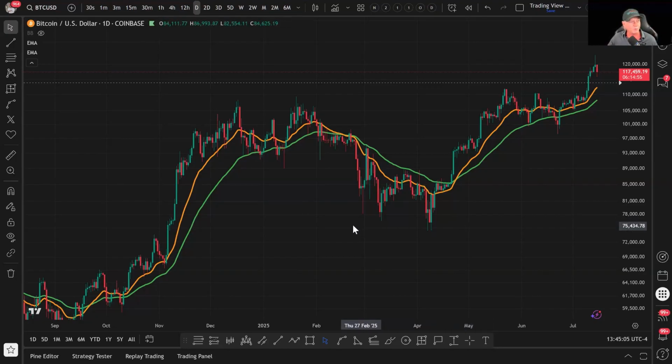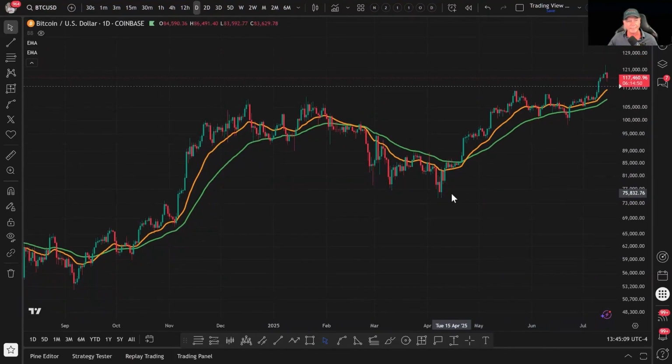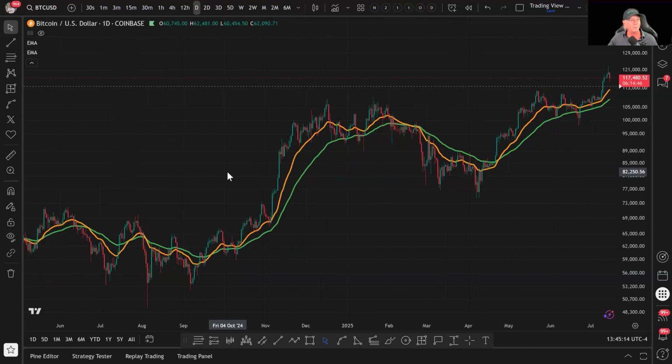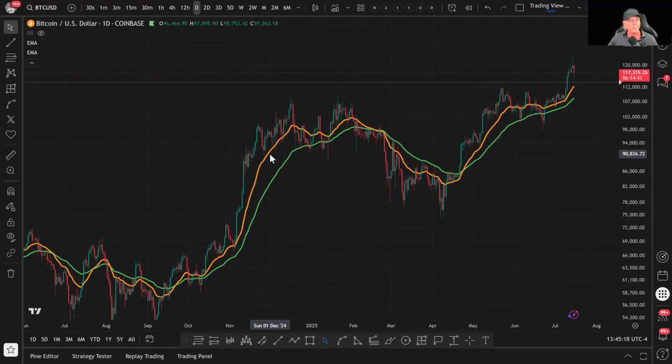All right, so the analogy that I use with this is if you're going to go skating on a lake, you want to be on ice, obviously, and you want to be on the thick ice, ideally. And so the 21-day exponential moving average is an exponential moving average of the last 21 days.